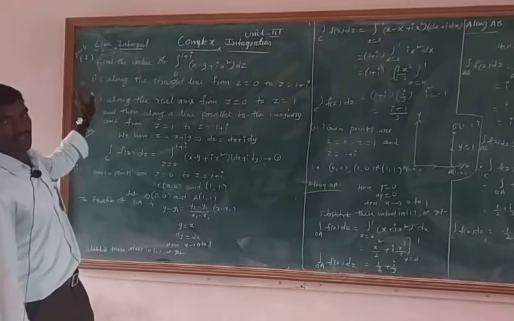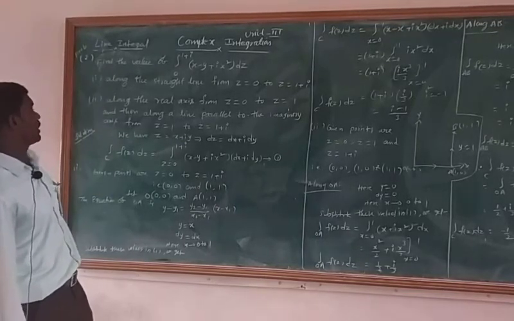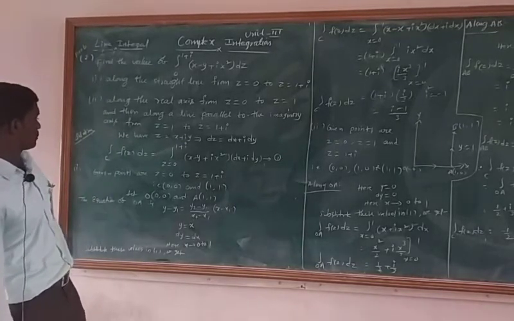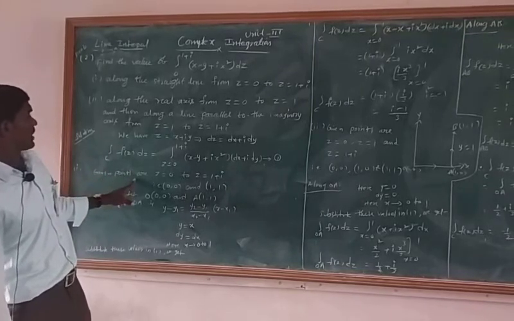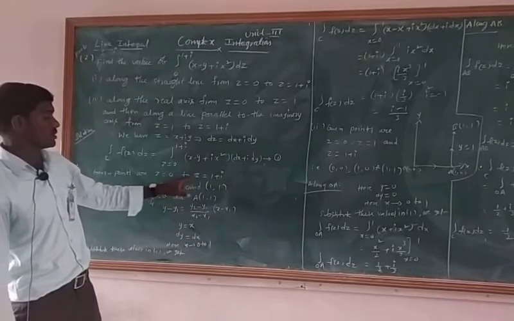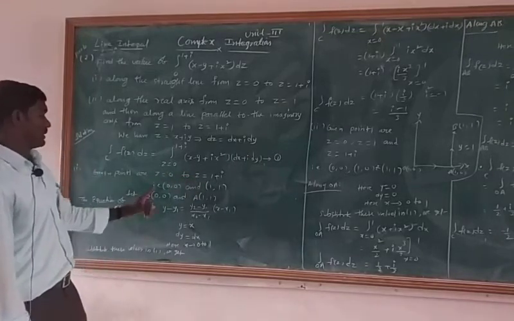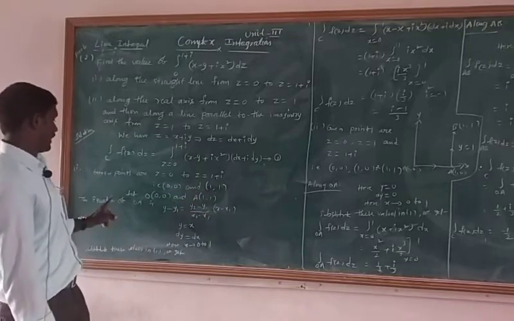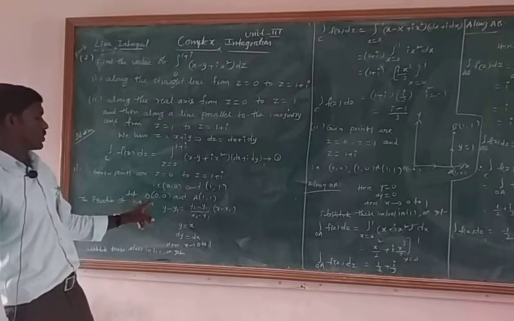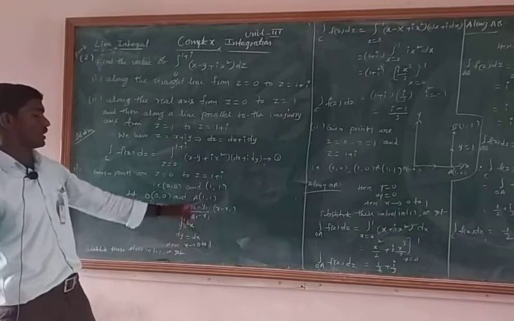In the first case of the second problem, the given points are z equals 0 to z equals 1 plus i, that is 0 comma 0 and 1 comma 1. Let us take the points O of 0 comma 0 and A of 1 comma 1.